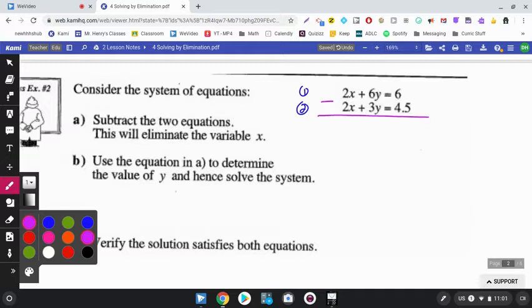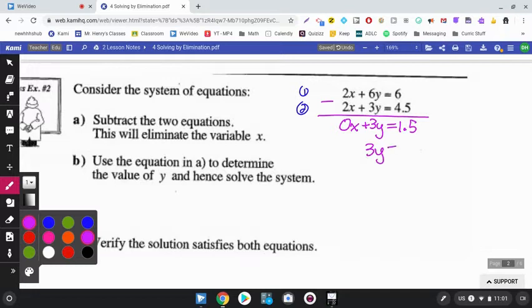So 2x minus 2x, 0x. And normally I wouldn't write the 0x, but we'll do it just for explanation. 6y minus 3y is 3y, equals 6 minus 4.5 is 1.5. So instead of adding the equations in order to eliminate something, I subtracted the equations, okay?